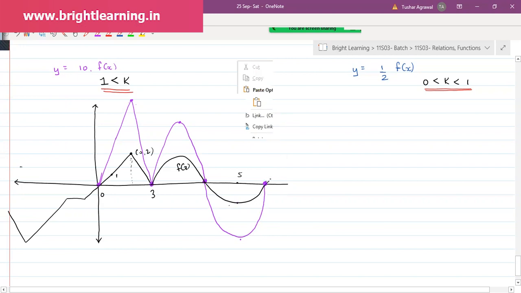This graph was going this way, and now the purple graph will go this way. Clear? The graph becomes stretched kind of. And this way also, now I will draw for the negative x, y 0. This point will come over here. This point will come over here.